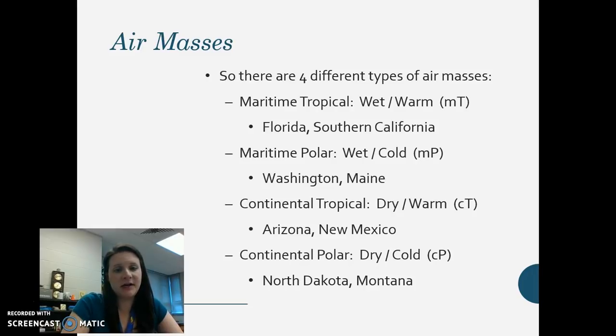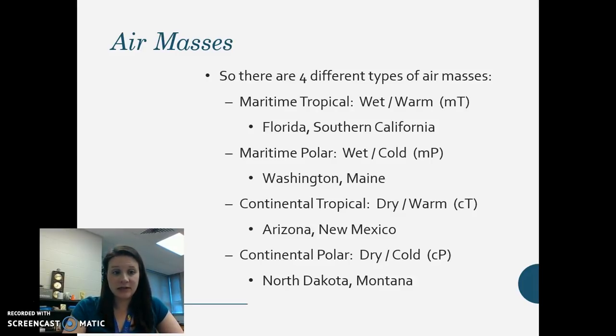And then the last one is continental polar, which is dry and cold. You have little c, big P. And that would be, for example, forming over the Dakotas, like North Dakota or like Montana region, up in Canada would be a good one. So those are your 4 different types of air masses.